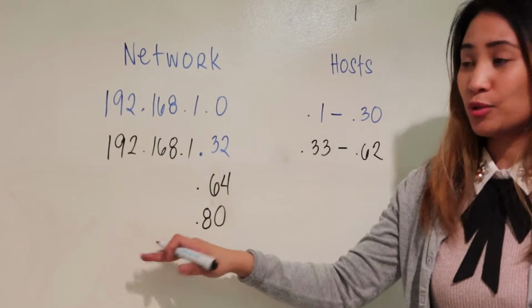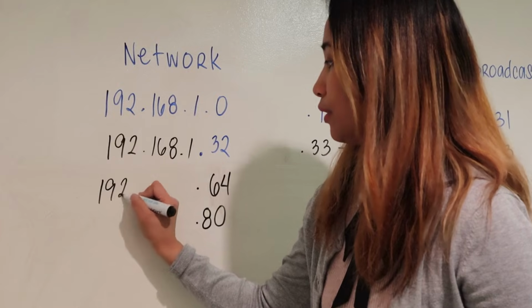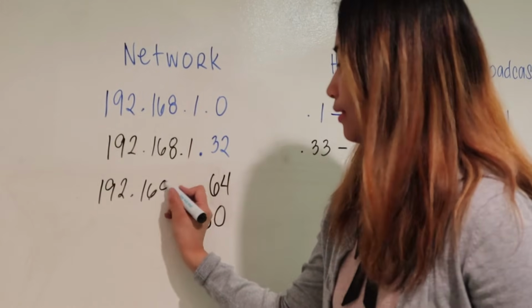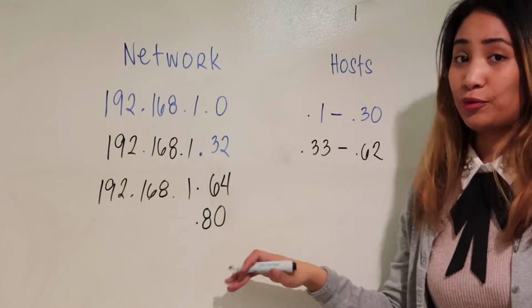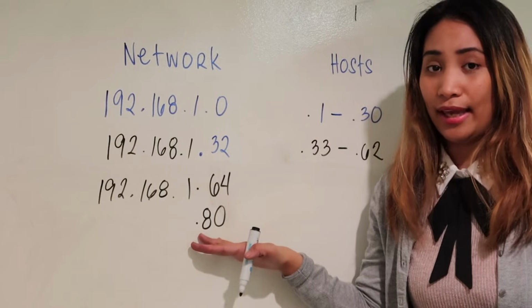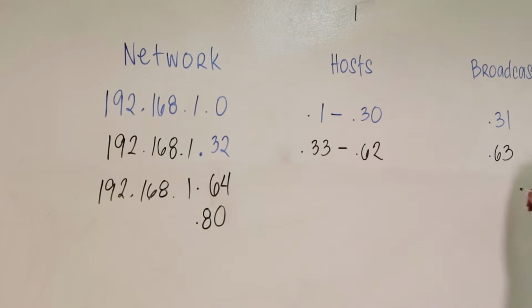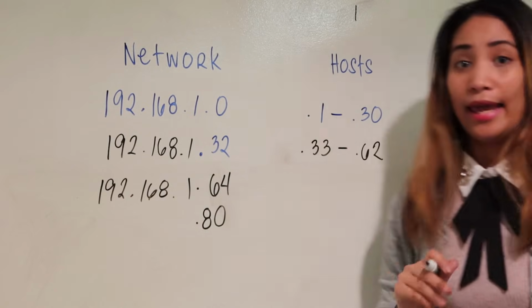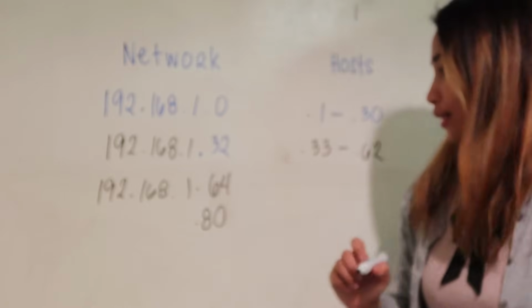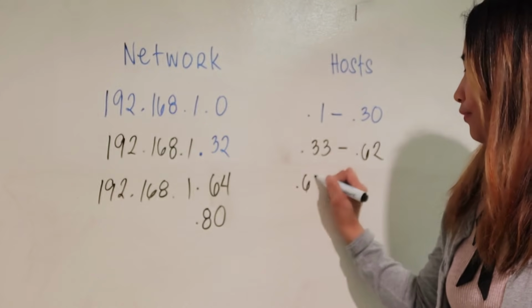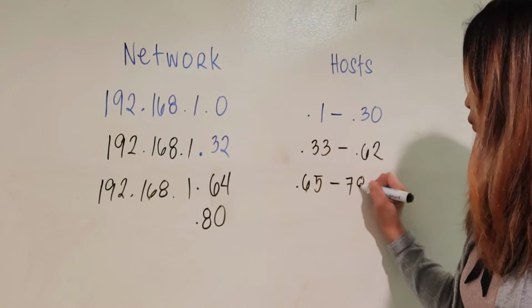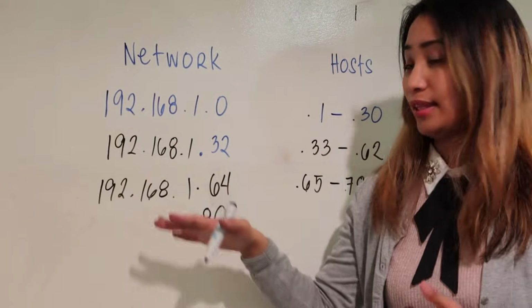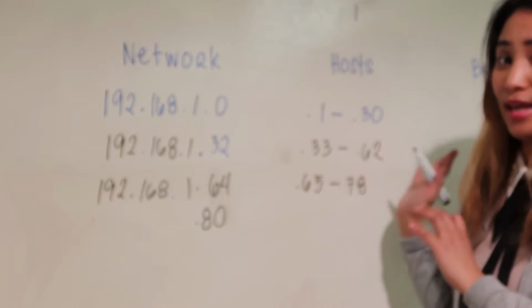So the network address would be 192.168.1.64, and the broadcast address would be the number before 80, and that's going to be .79. And the usable hosts are going to be .65 to .78, which are the numbers between the network address and the broadcast address.